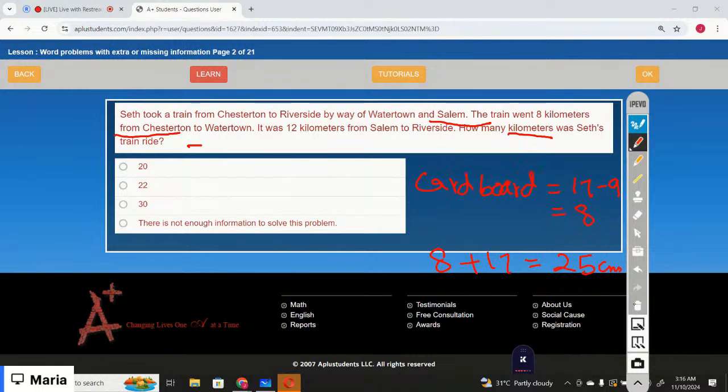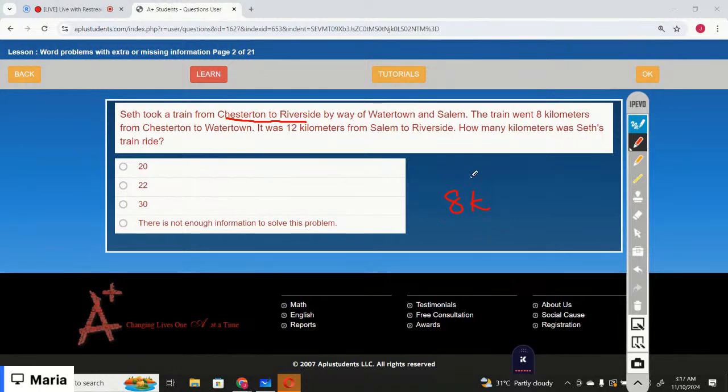Okay, so the train from Chesterton to Riverside, right? The train went 8 kilometers from Chesterton to Watertown. 8 kilometers it is, right?